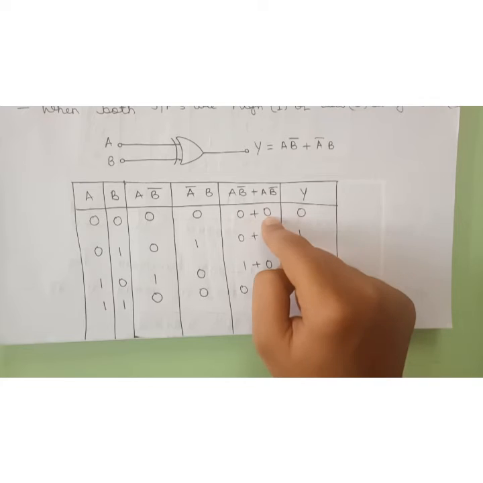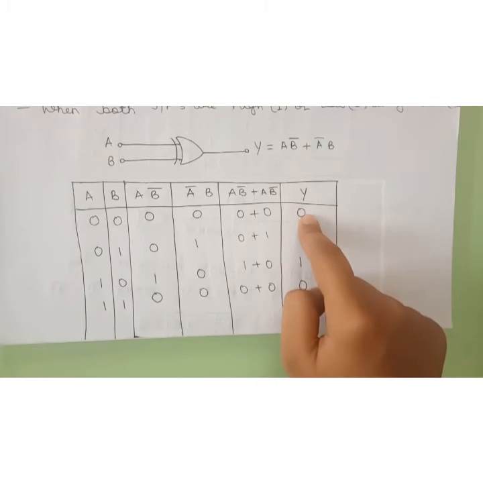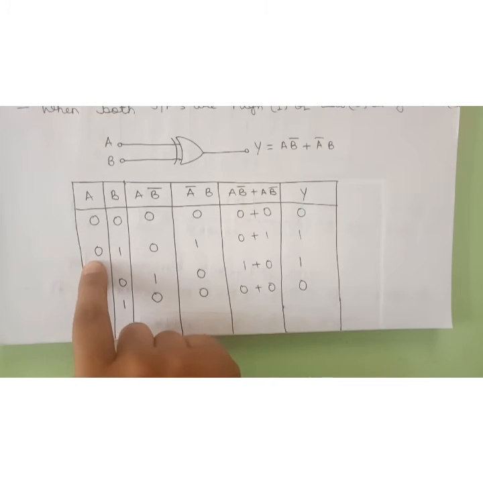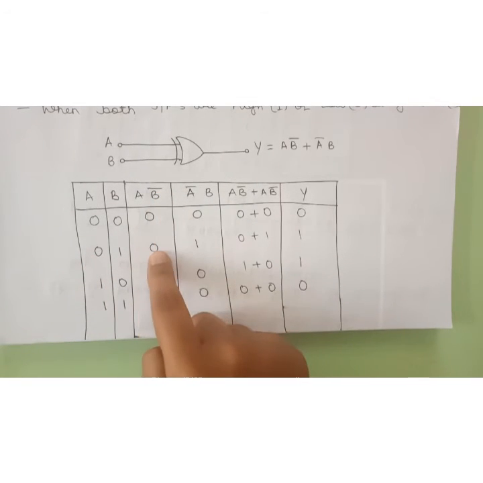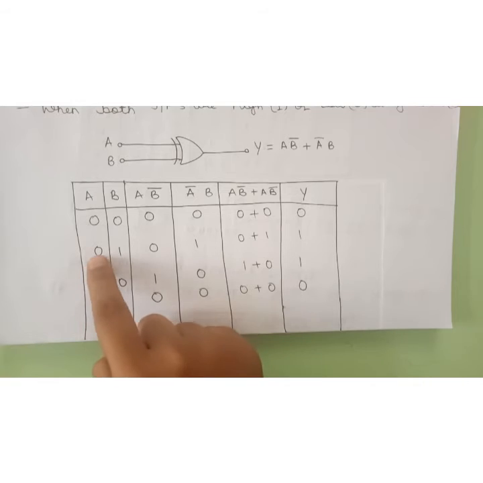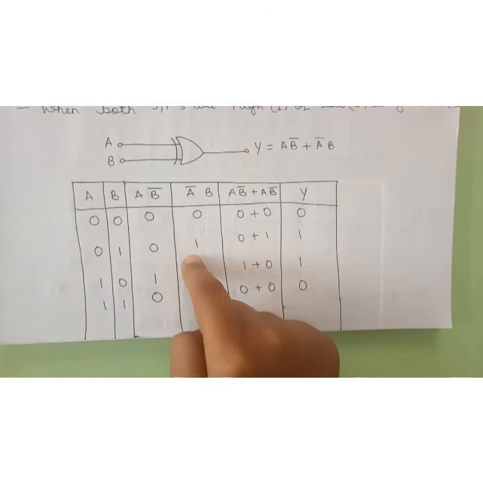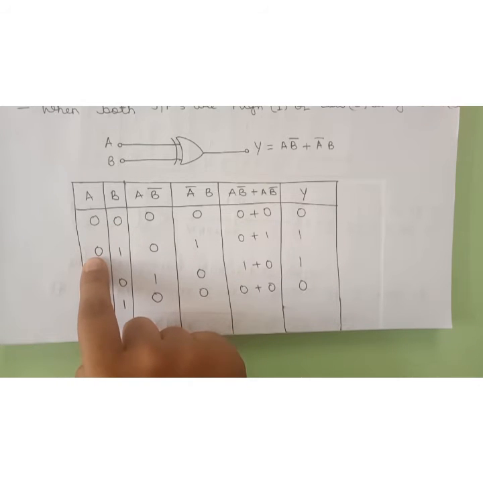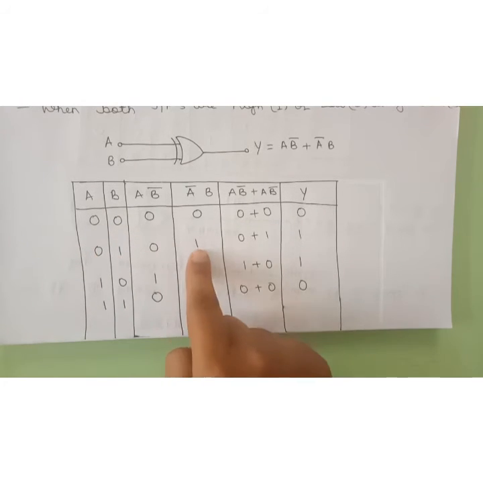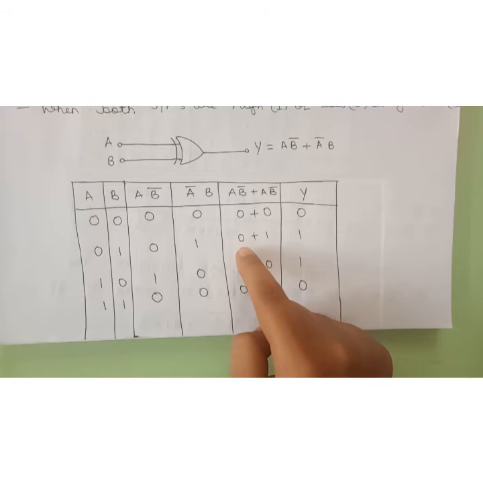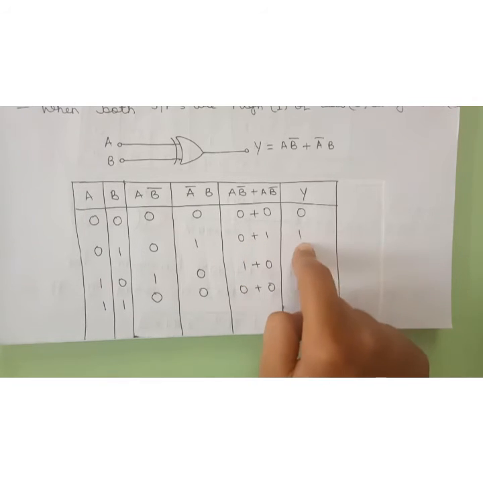So 0 + 0, the output will be 0. Next, if we give the inputs as 0 and 1, then A B bar will be 0, because 0 into 0 is 0. Next, A bar B will be 1, because A bar is 1 and 1 into 1 is 1. So the output will be 0 + 1, which is 1.